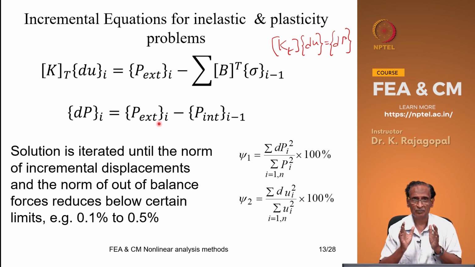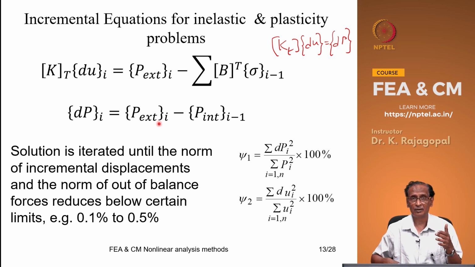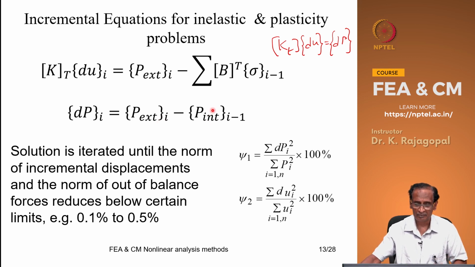See, the I is the current load step or the current iteration, I minus 1 refers to the previous load step or the previous iteration. The stresses that we calculated until the previous step or the previous iteration will give us this reaction force P internal.